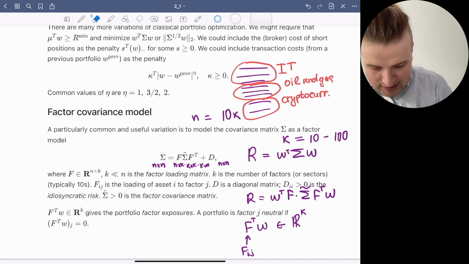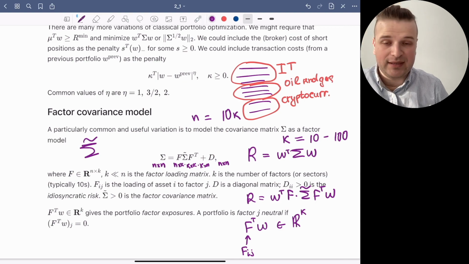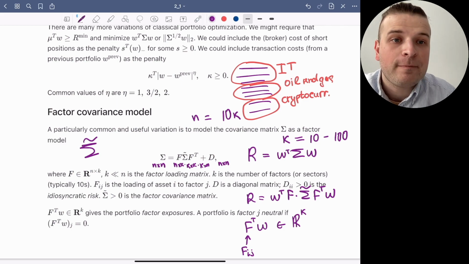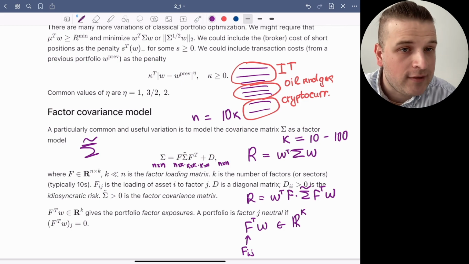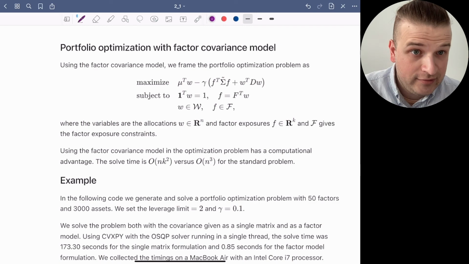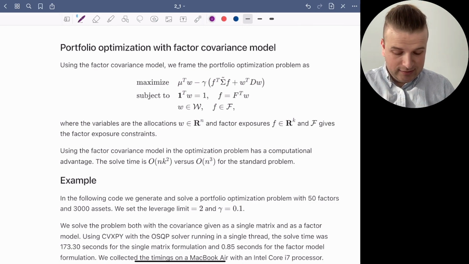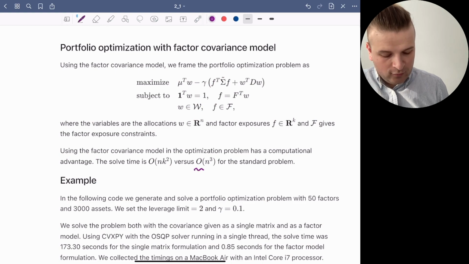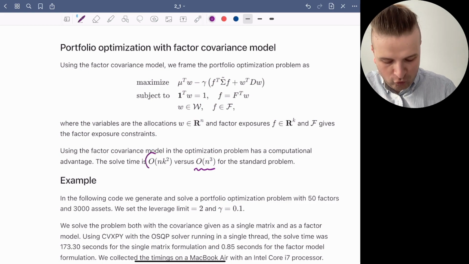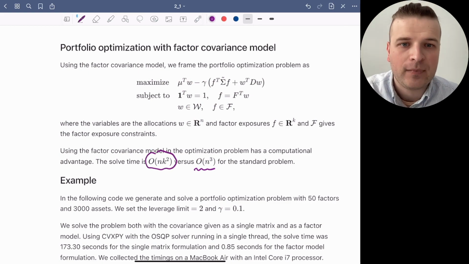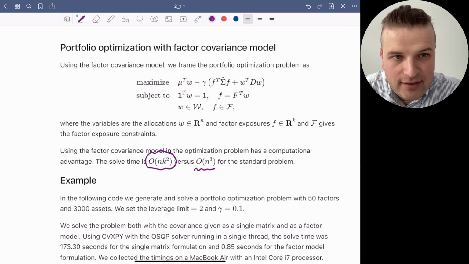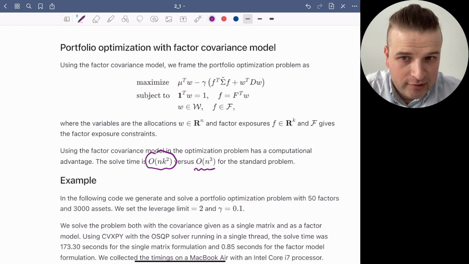And sigma with a wave is now a covariance matrix between sectors, not between individual assets. And what's the profit of this formulation? Before, your complexity was O of n cubed operations, but now you have O of n times k squared operations, and if k is way less than n, you will win a lot here.